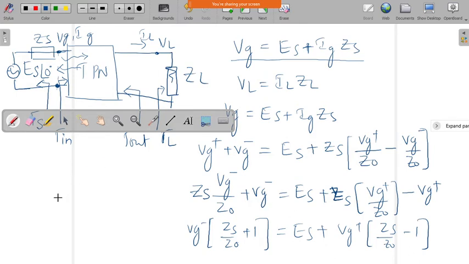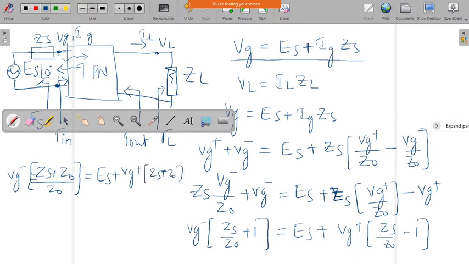So we can write it as Vg minus into Zs plus Z0 divided by Z0, which is equal to Es plus Vg plus into Zs minus Z0 divided by Z0. Now we can send this Zs plus Z0 to this side.